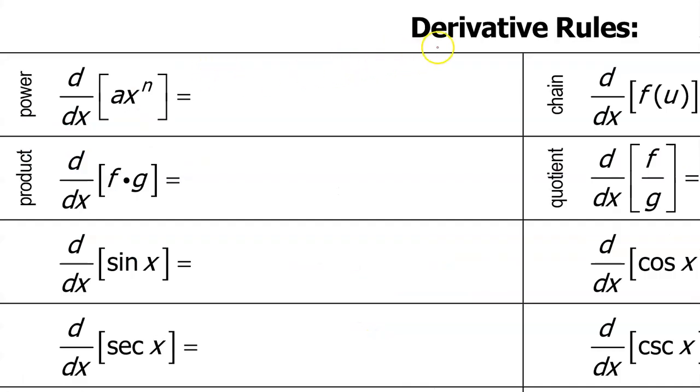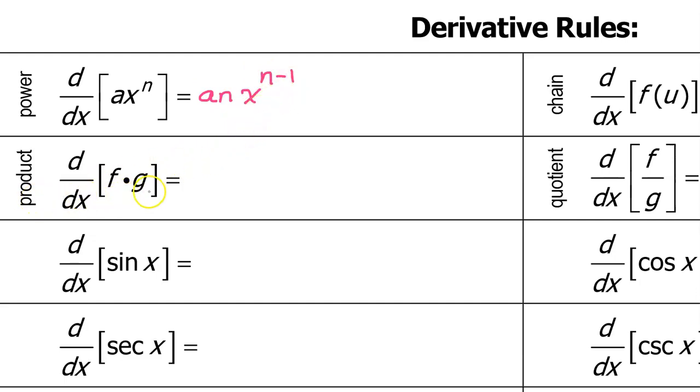Here are the basic derivative rules that we have learned in this unit. Starting with the power rule, the derivative of x to the n, the n is going to come down to the front and give us n times x to the n minus 1 power.